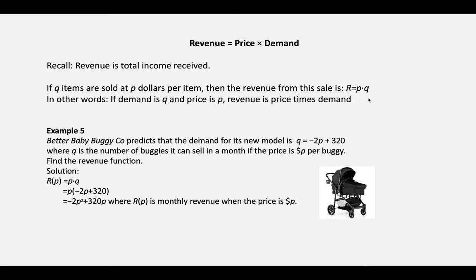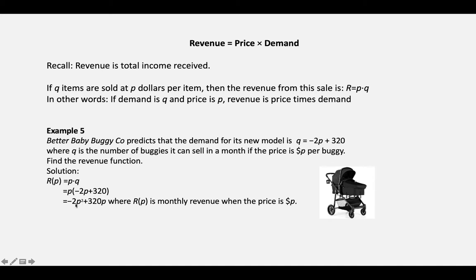So our revenue function is going to be P times Q. So we're going to have P times the rule for Q, so negative 2P plus 320. So negative 2p squared plus 320p, where R of p is the monthly revenue when the price is p dollars. Okay, would this function be in standard form or vertex form or intercept form?